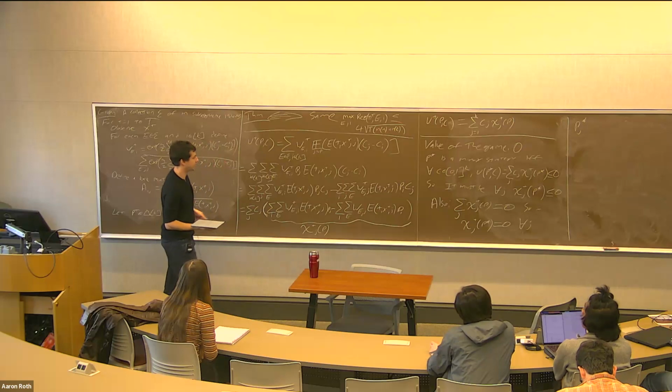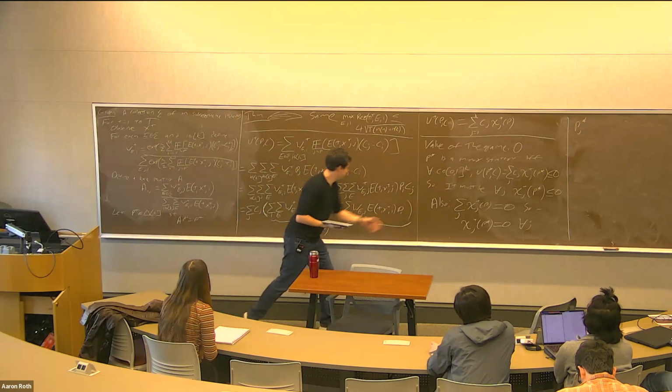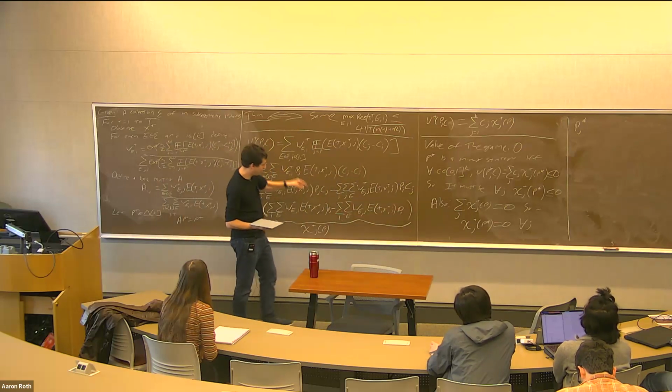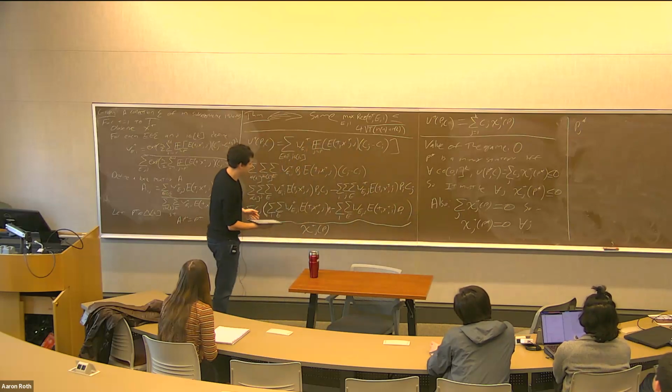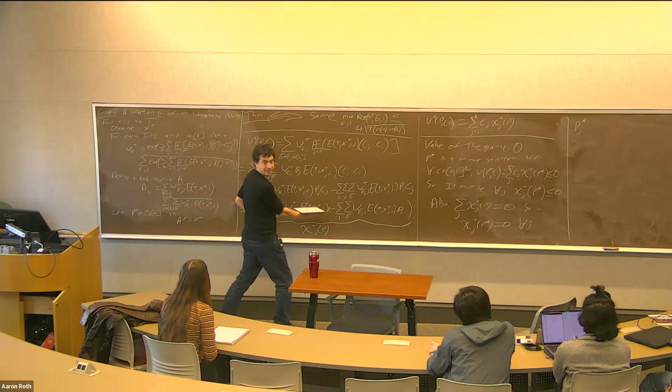What does it mean to set this thing to be 0? How do we solve for pj star? Well, we add this expression to both sides and then divide by this expression.